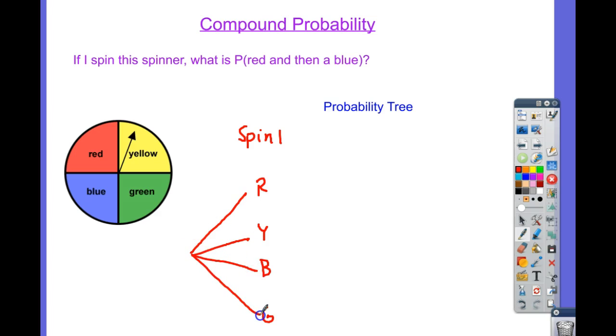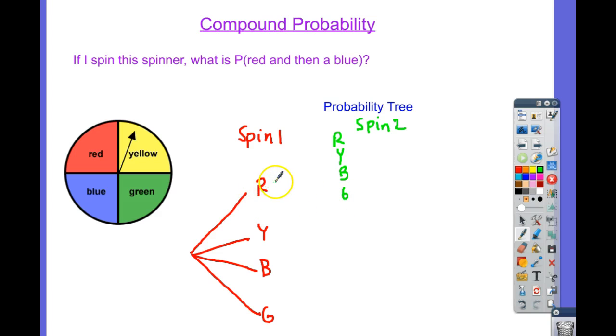You'll see why it's called a tree in a moment. And then we'll say spin 2. This might get a little messy. What are the possibilities for spin 2? Well, that is red, yellow, blue, and green.